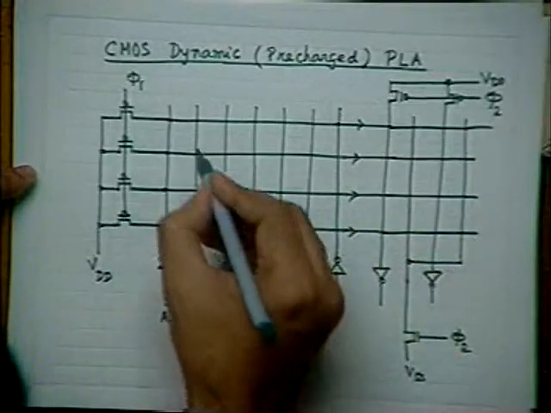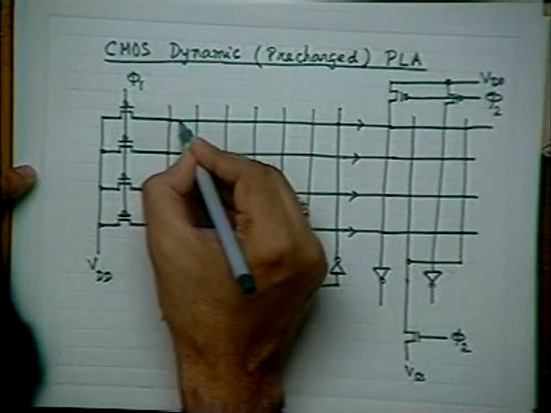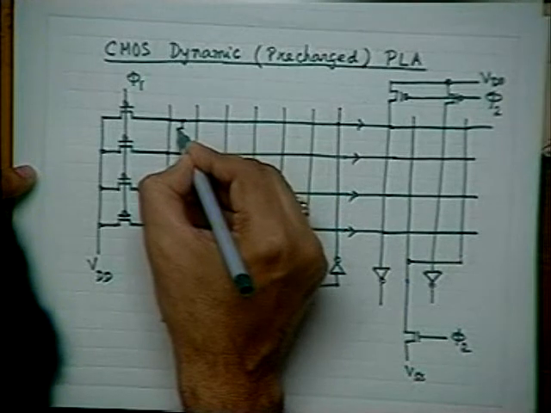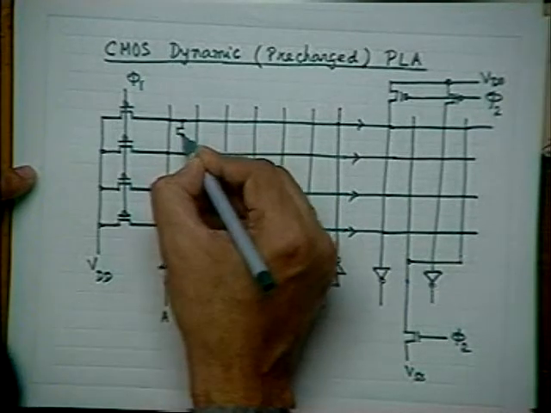The AND plane and OR plane are exactly similar. Only thing is they are driven by two non-overlapping two-phase clocks. Same thing. You can put your transistor. What are these things? These are nothing but a ground line. For example, if I want a node, I simply connect a transistor like this.